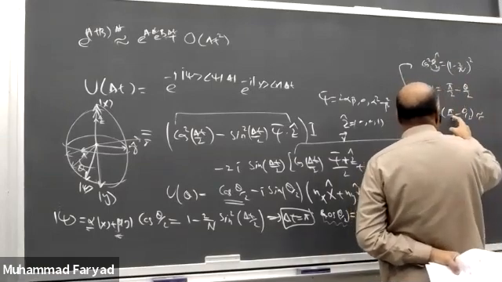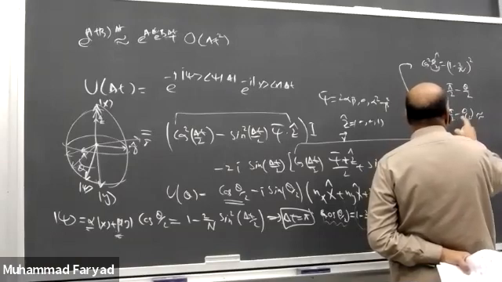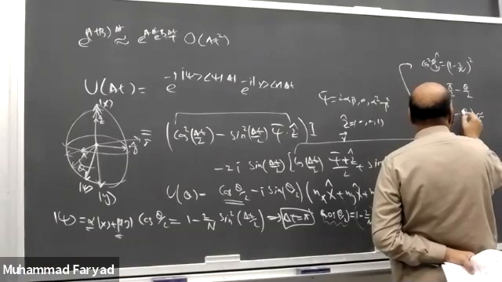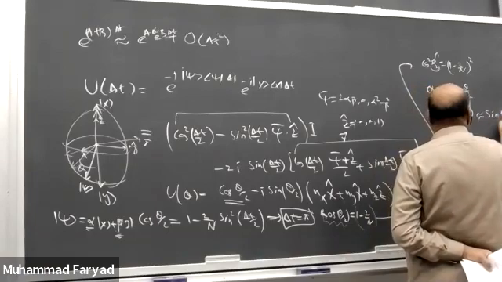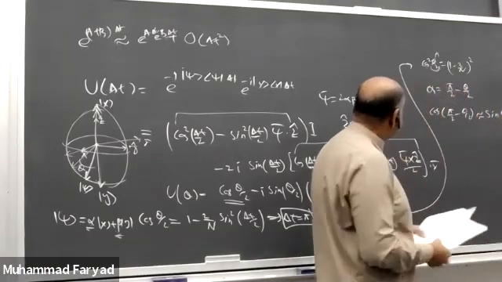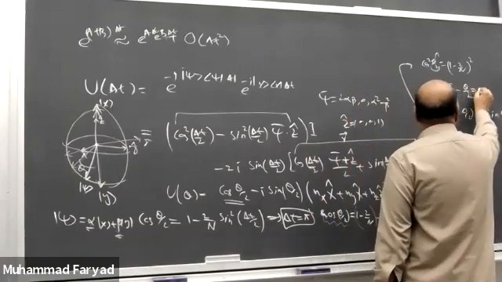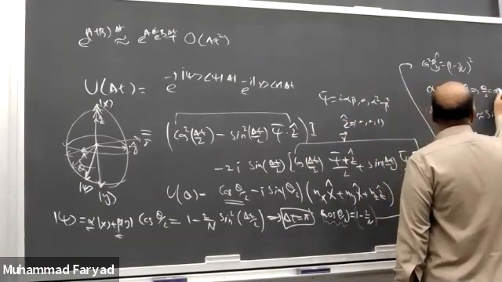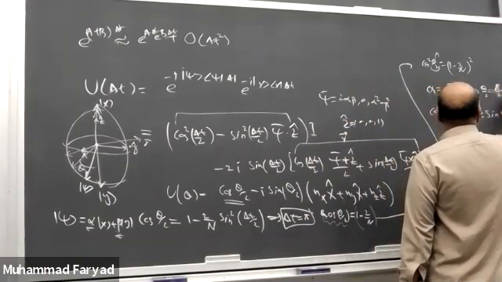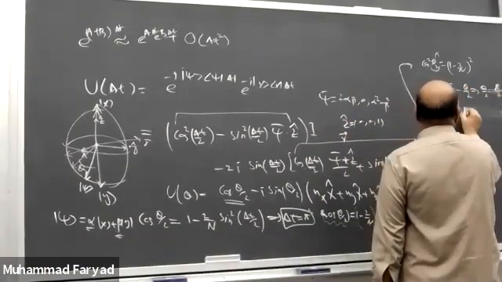So this is cos pi by 2 cos theta by 2, and cos pi by 2 is 0, plus sine pi by 2 sine theta by 2. So this is sine theta by 2. Now this means that theta by 2 is pi by 2 minus alpha. So let's write it in terms of alpha.